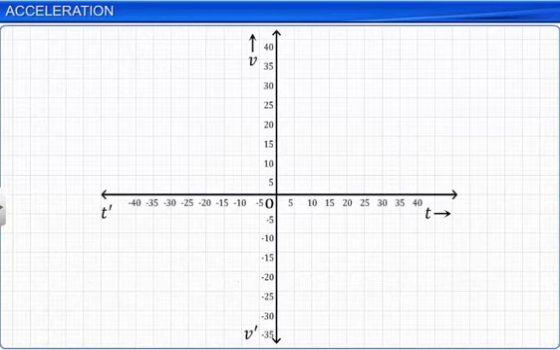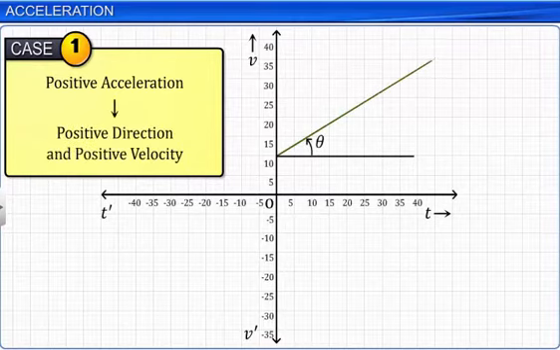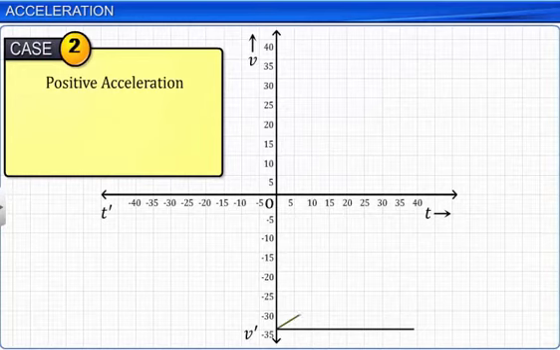Now let us plot the graph for all the cases in this velocity-time graph. If the object is moving with a positive acceleration in a positive direction, the nature of the graph will be like this, a straight line, because it is moving with positive velocity. The second case, if the object is having a negative velocity in a negative direction, the nature of the graph will be like this, in the fourth quadrant.